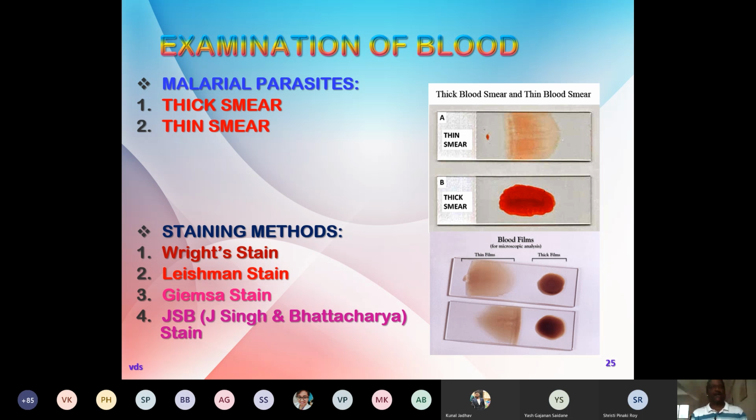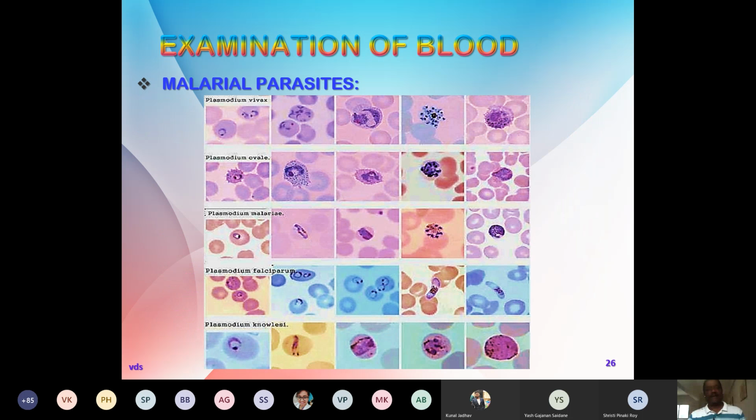For the staining techniques, Wright stain, Leishman stain, Giemsa stain and JSB stain can be used. In the malarial parasite, the different stages to observe are the ring form, the amoeboid form, the schizont, and the gametocytes. I won't go into the details, we may lose some of the slides later on.